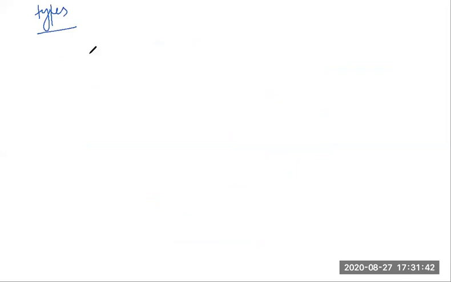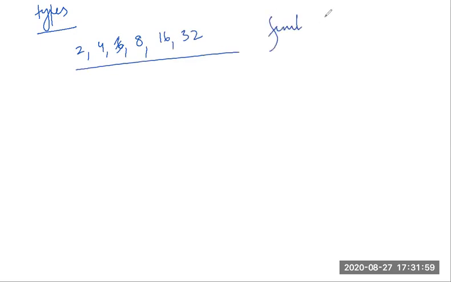Maybe 2, 4, 8, 16, 32, and it ends here. This is finite geometric progression. Or let's say we have 3, 9, 27, 81, and so on.